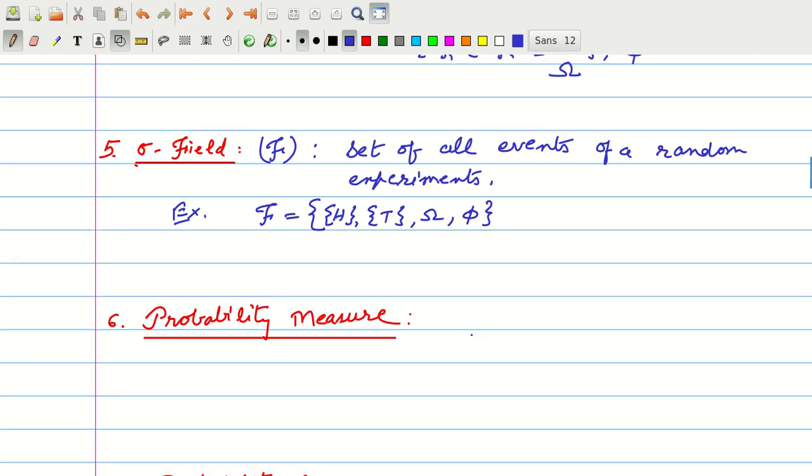The next term is a probability measure. A probability measure is a function that assigns probability to events.